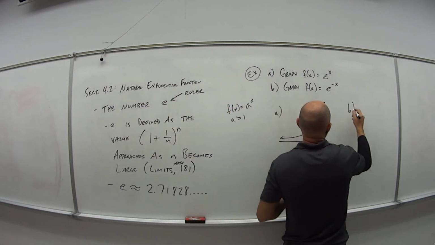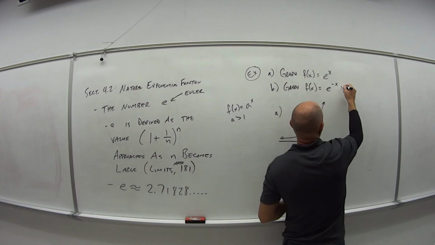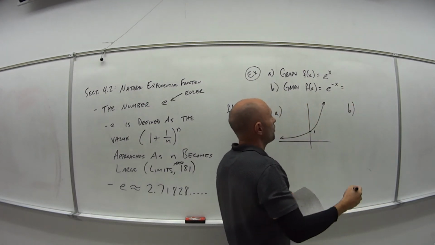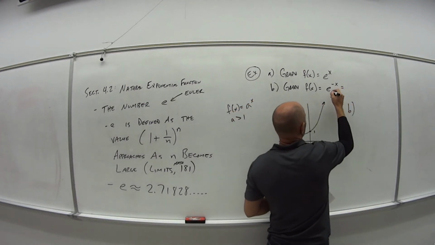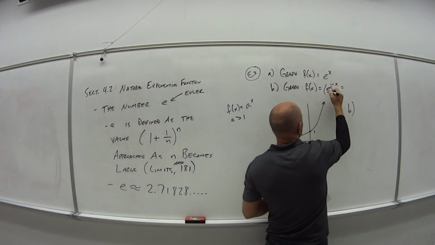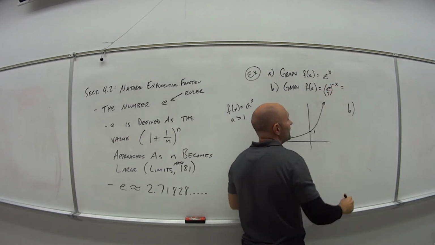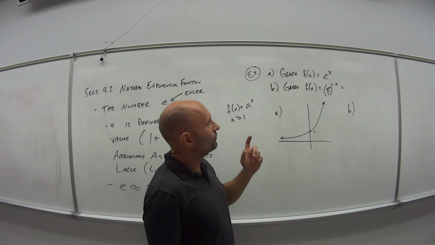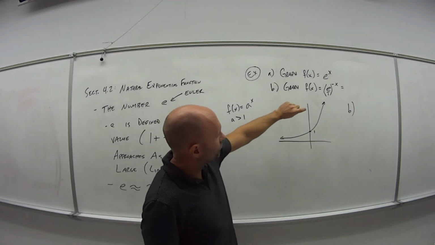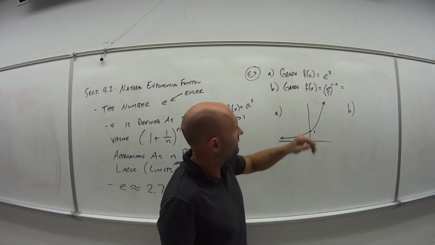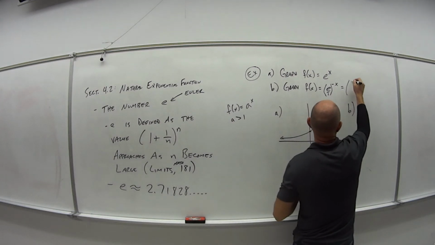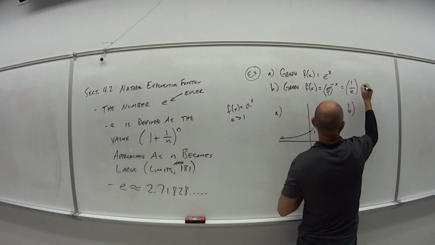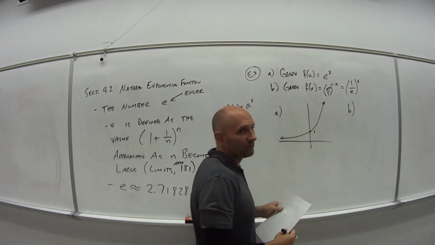For B, well, e to the minus x is the same as, if we think of this as e over 1 to the negative x power, using our exponent rules, we switch what's inside and make the exponent positive. So this is the same thing as 1 over e to the positive x.